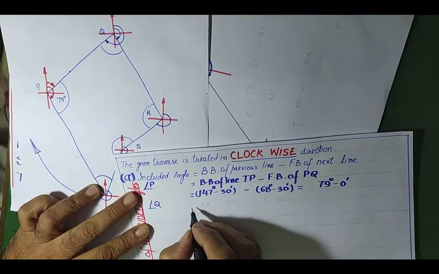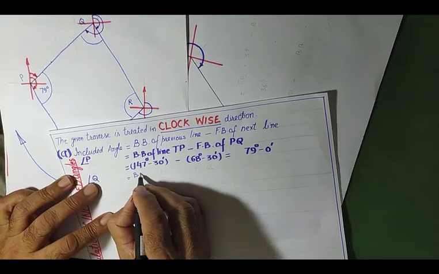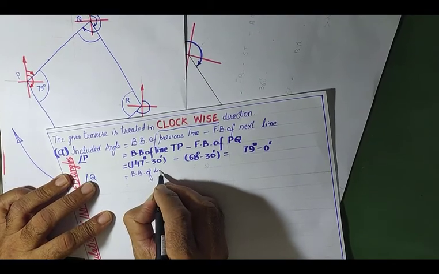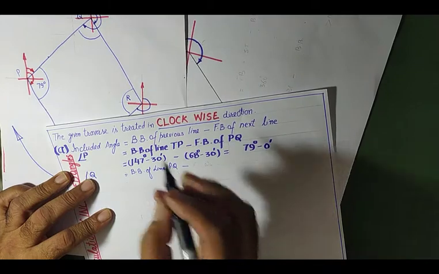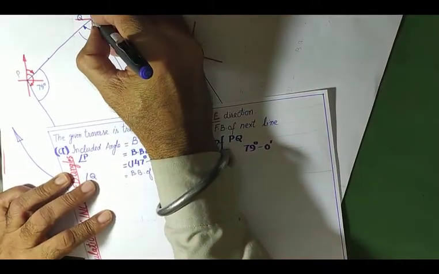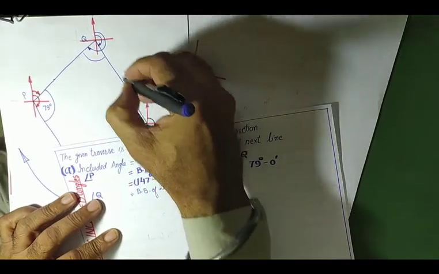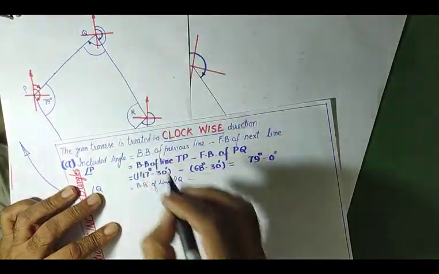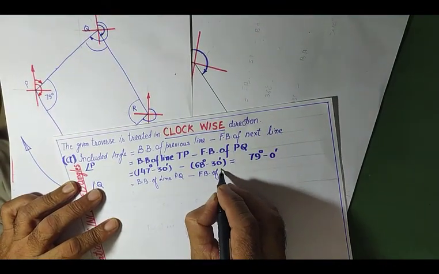I will write over here: angle Q is equal to back bearing of line PQ minus the forebearing of the next line QR. This angle is with the north for the next line QR. This is the forebearing of line QR.